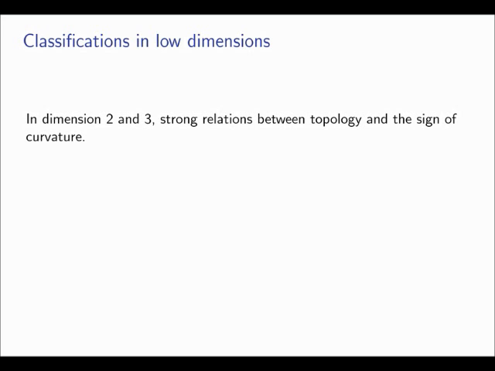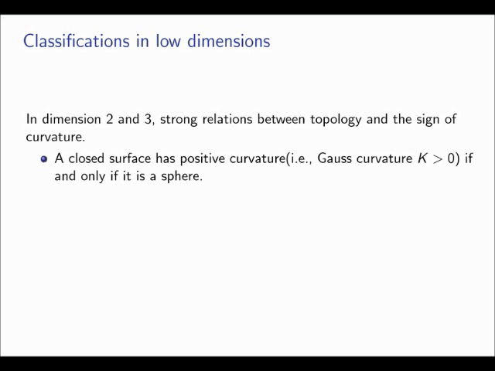The positive curvature, like the surface is convex. For example, you look at a closed surface in 3-space. In the surface case, the Gauss curvature is positive if and only if this is a sphere.